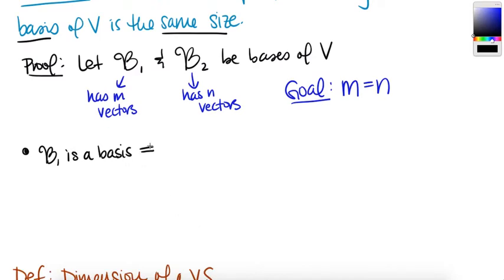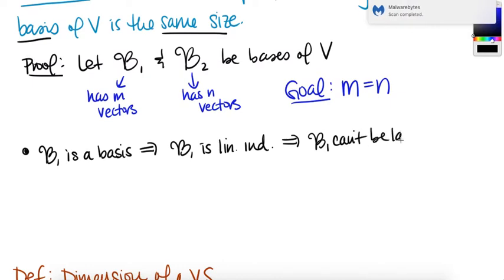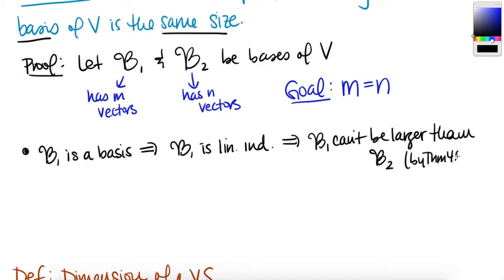B1 is a basis, which means that B1 is linearly independent. So it cannot be bigger than B2. B1 can't be larger than B2. This is by this previous theorem 4.5.9, because if it was larger, then it would be dependent.